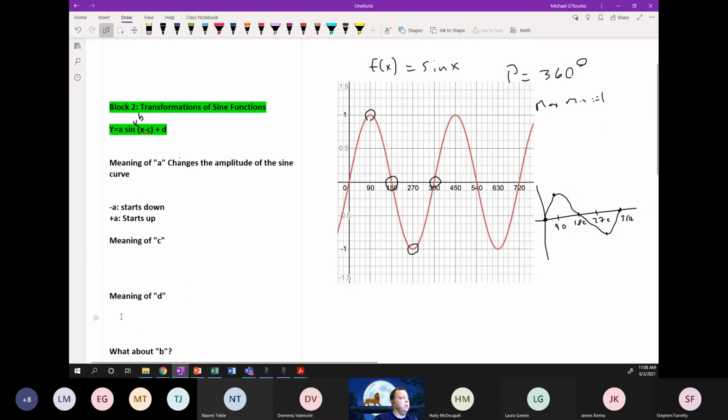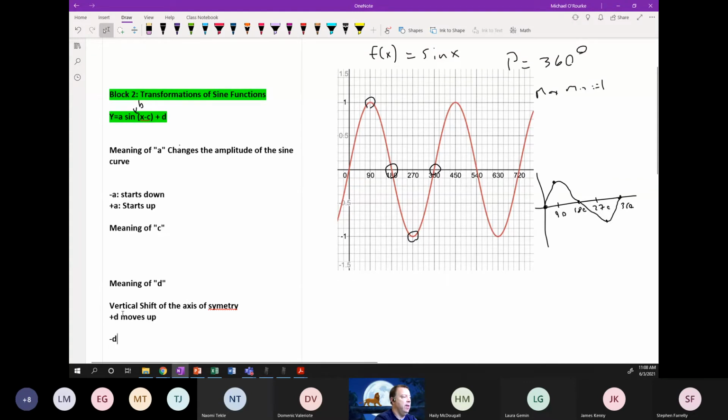So the meaning of D is vertical shift of the graph. Positive D moves up, negative D moves down.